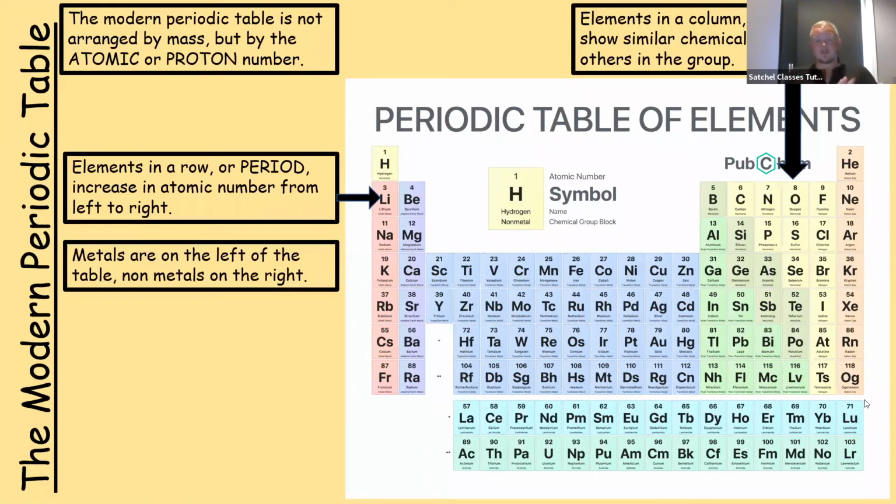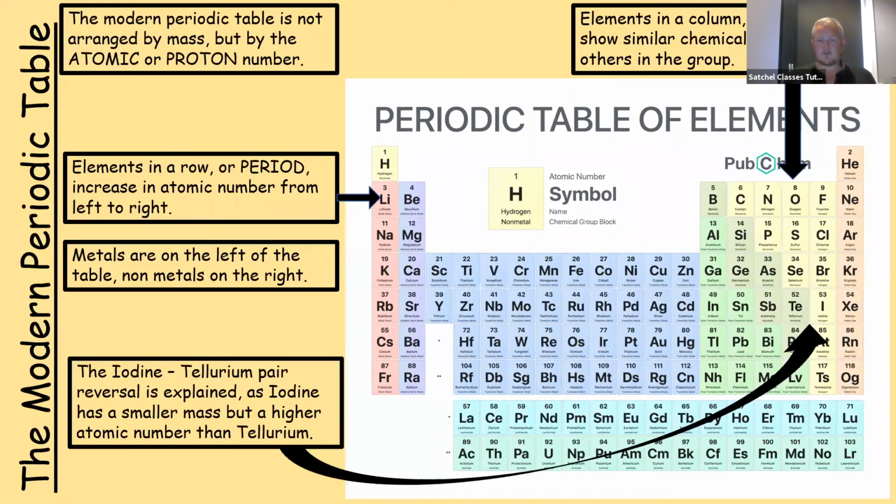Another thing, the metals in the periodic table are on the left of the table, with the non-metals existing on the right. The metals make up a large proportion of the periodic table. In fact, if we look at the metals, from lithium all the way across to boron.